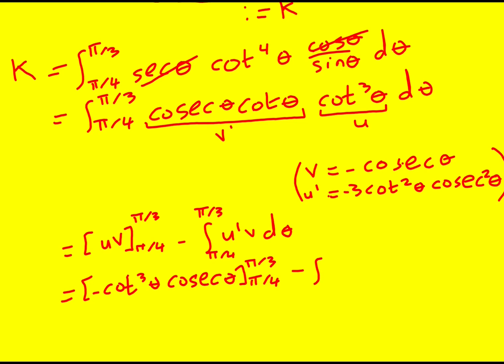Right, then I've got minus 3 cot squared theta cosec squared theta, but I also need to times through by v, which is minus cosec, so actually this is going to be to the power 3, and the double negative means that that negative is going to go.